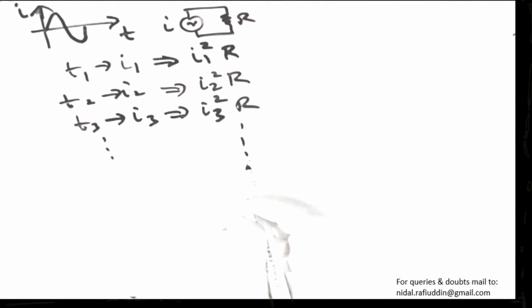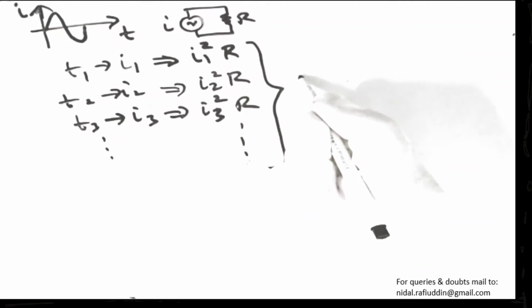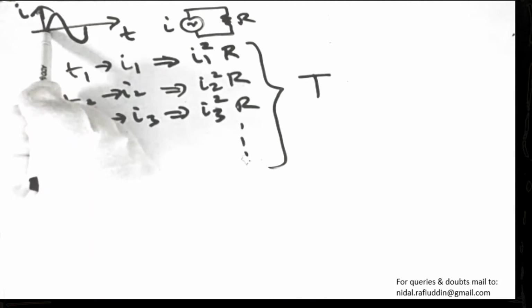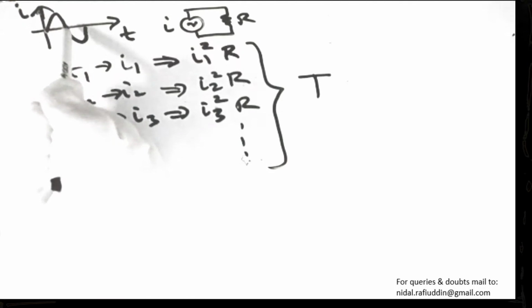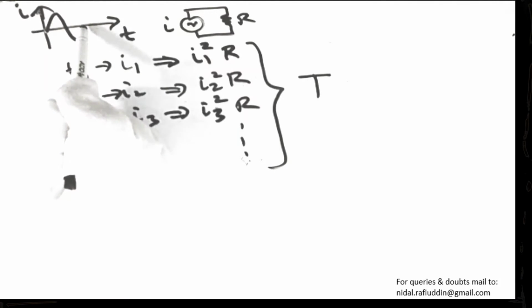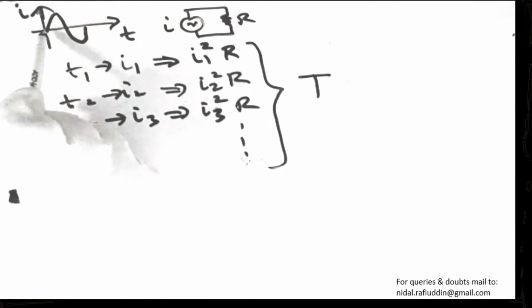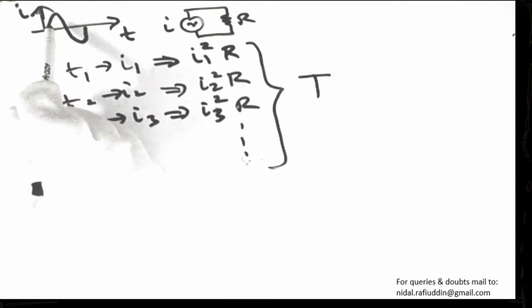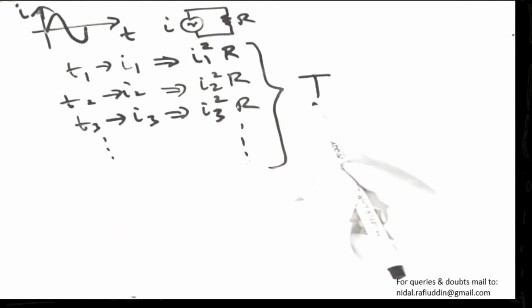Let's say this corresponds to a duration of time capital T. That could be the time period of the sinusoid cycle, or any other time. It could be half cycle, full cycle, or a partial cycle.